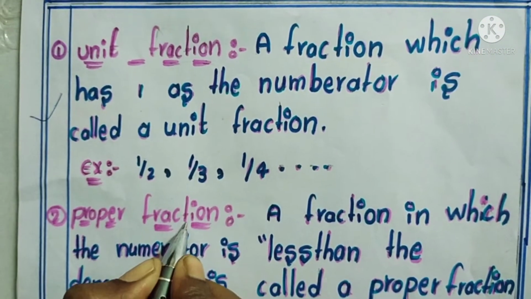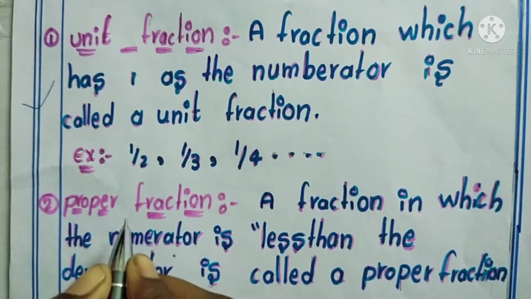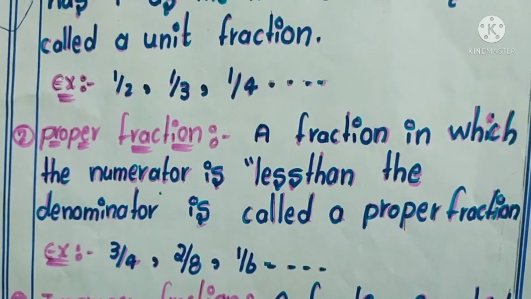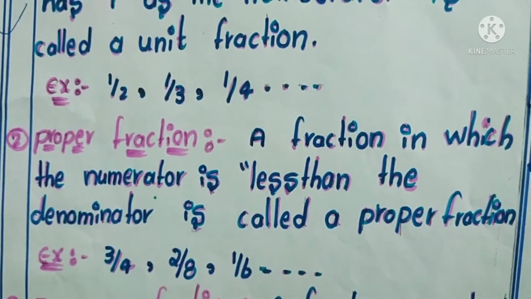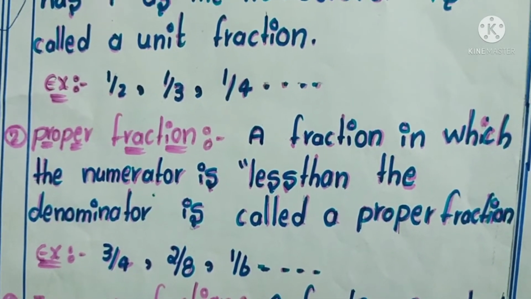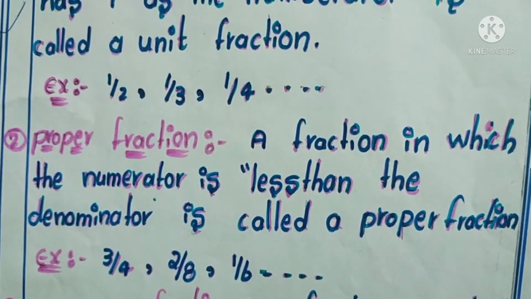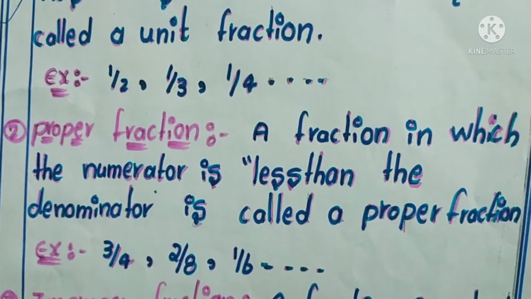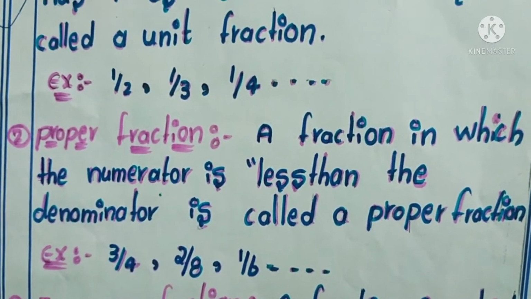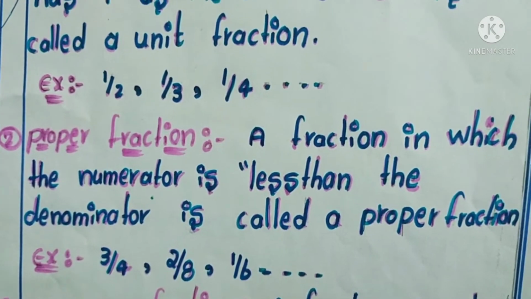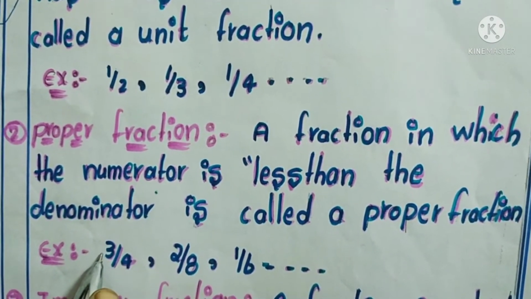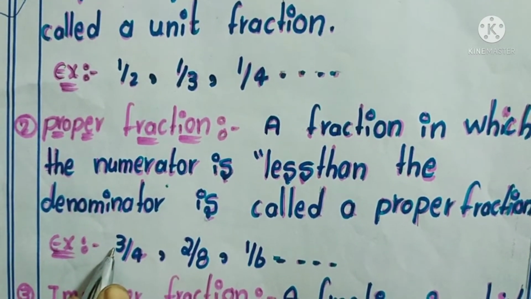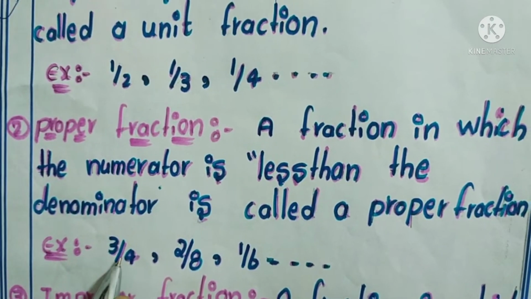Now, proper fraction. A fraction in which the numerator is less than the denominator is called a proper fraction. 3 is the numerator, 4 is the denominator. 3 is less than 4.